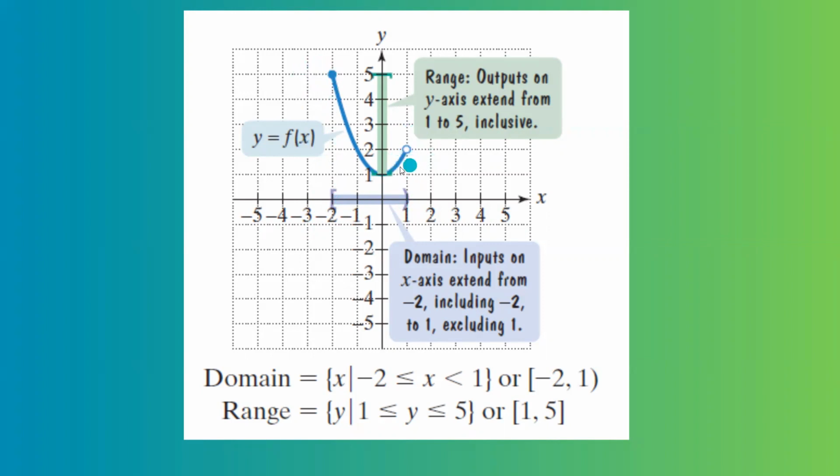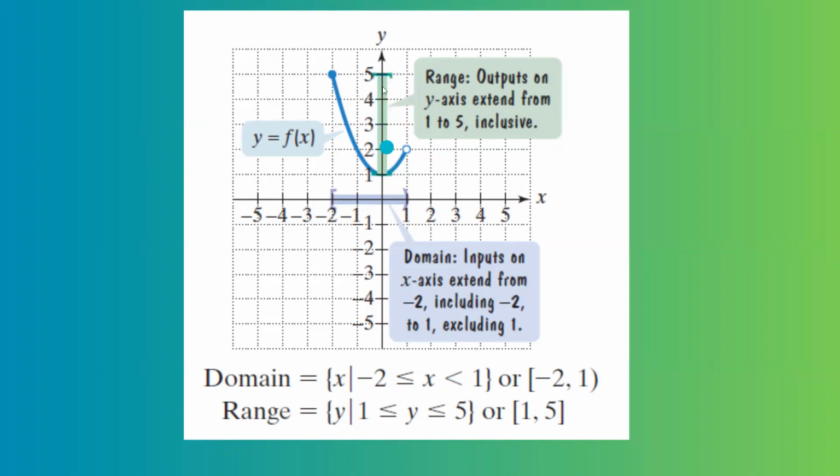However, 1 is not included because you have an open circle. So the domain can be written as the set of all x values such that x is bounded between -2 and 1. -2 is included and 1 is excluded. Or you can write it as bracket -2 and parenthesis 1.